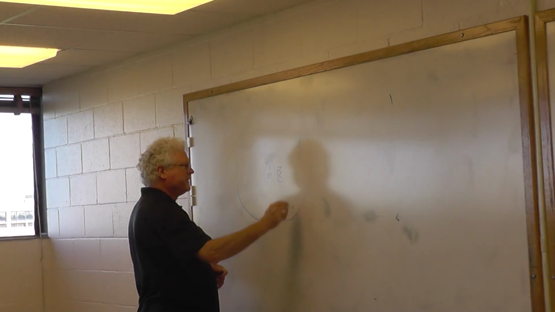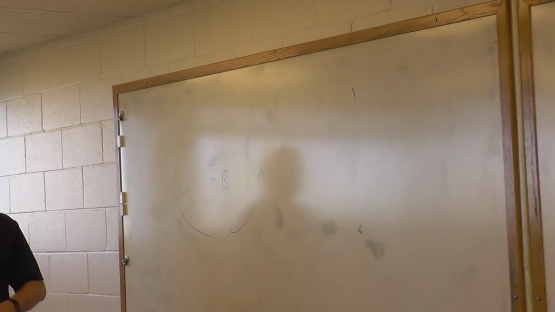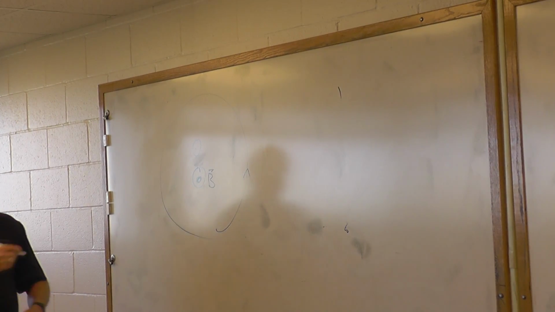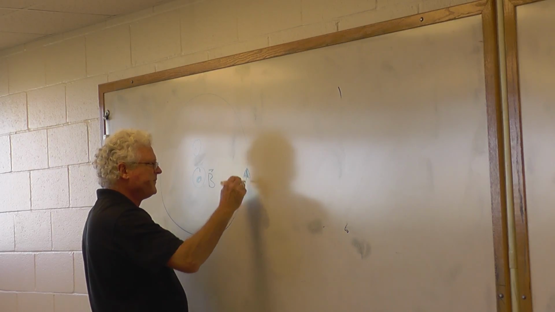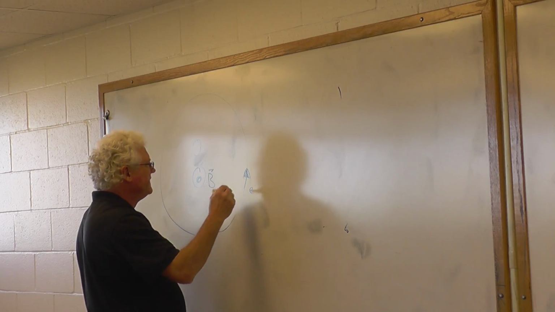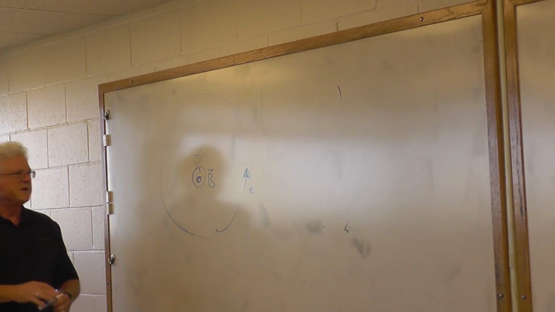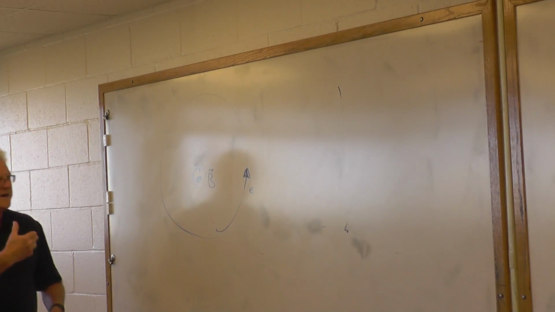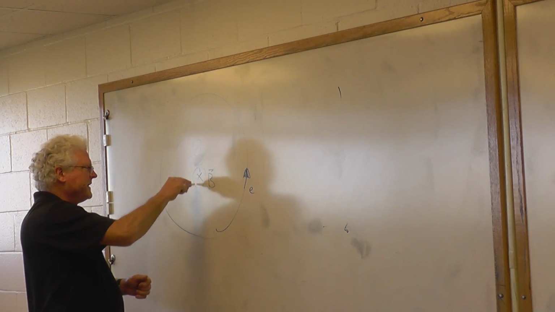So if you go back to your 1321 class, let's say we have a particle that could be positively or negatively charged, but for the sake of argument, let's suppose it's a positively charged particle. Actually, I think I want the field going into the board like this.